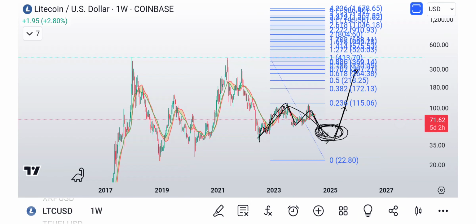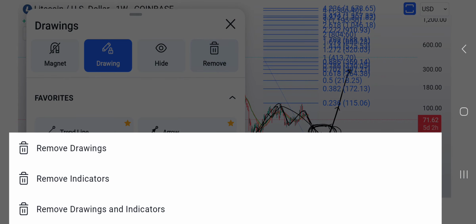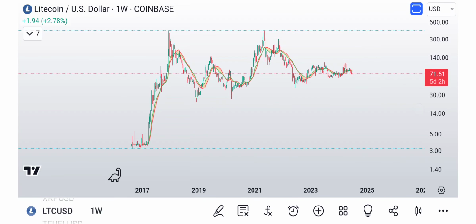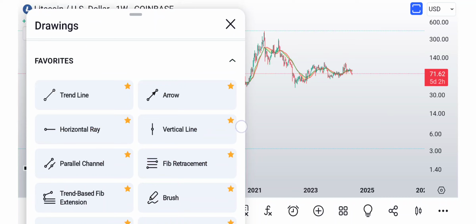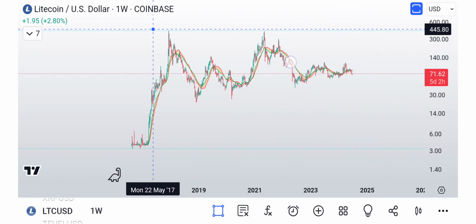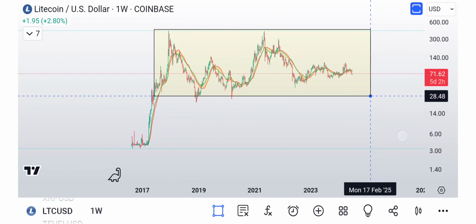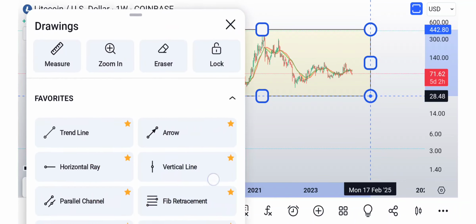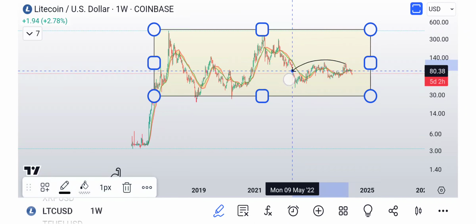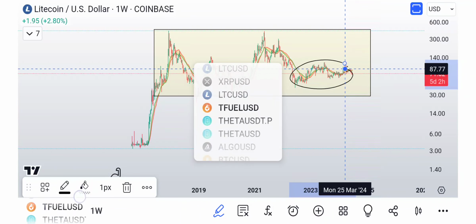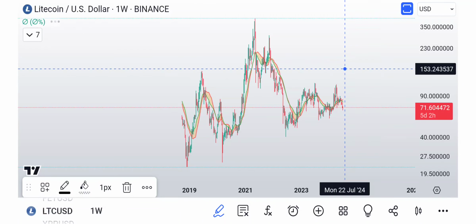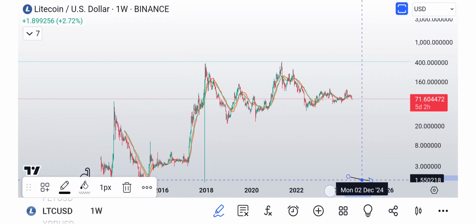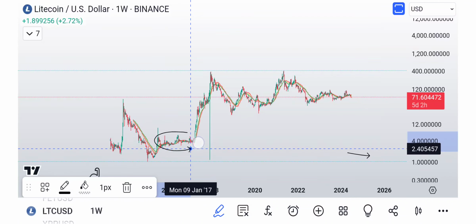We'll see what happens. But the way I'm looking at Litecoin is very, very simple, right? We have, again, a massive base here. And inside that base, we have reaccumulation, similar to what happened back over here.